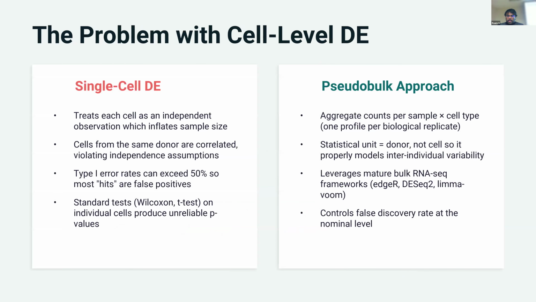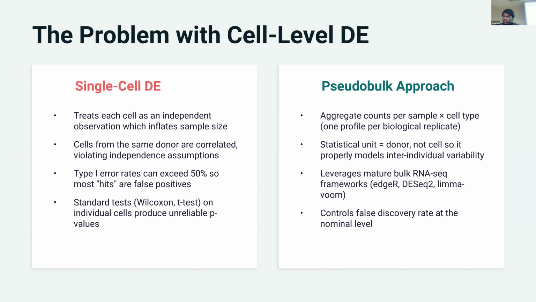So now the problem with cell level differential expression, on the left, the naive approach of traditional single cell differential expression, is that it treats every cell as being independent. But cells from the same donor share genetics, environment, and processing.